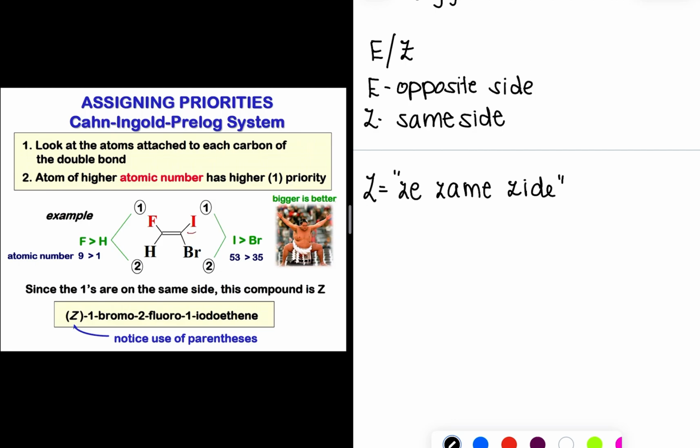So the atomic number of iodine is bigger than bromine. Again, I'm splitting the molecule. I'm looking at iodine versus bromine. Iodine wins. Left side, I'm looking at fluorine versus hydrogen. Fluorine wins. This is Z same side. We're going to use the Z and the E when we name our molecules. We're going to put it in parentheses. If you're typing it, it's also in italics.